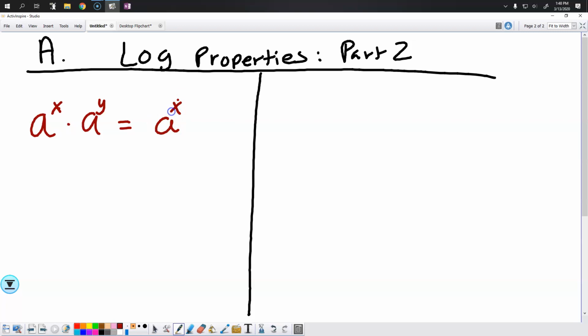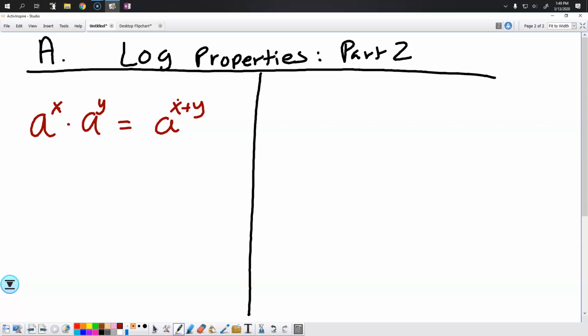Actually, you would add them. Kind of like if you had x squared times x to the third power, right? That would be x to the fifth. You would add those powers together, right? There's a log property that's like that, okay?